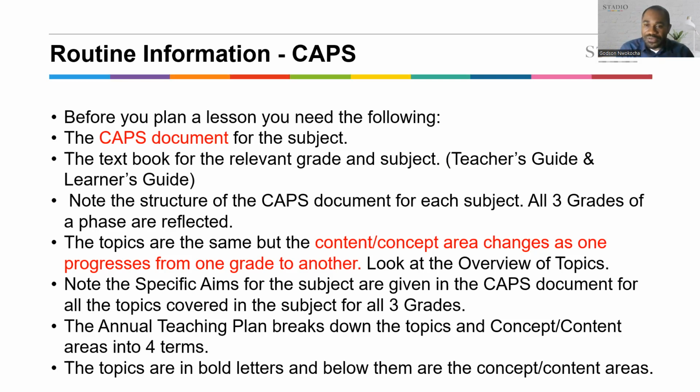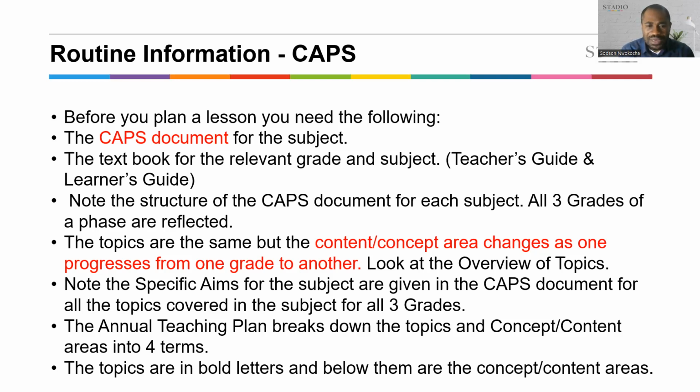You need to look at the overview of topics, look at the specific aims of the curriculum, and be able to link your own learning objectives for that lesson to the specific aims of the curriculum. Okay.